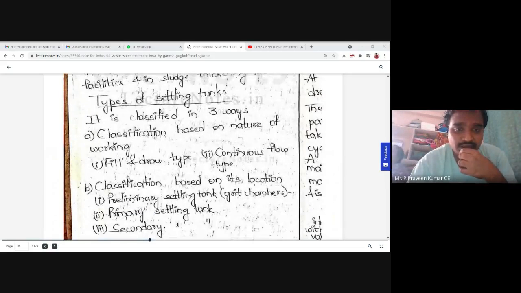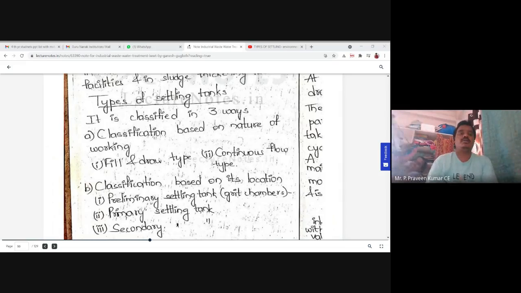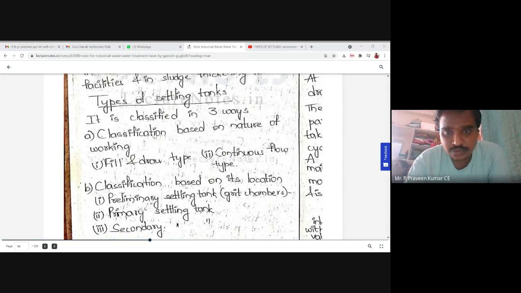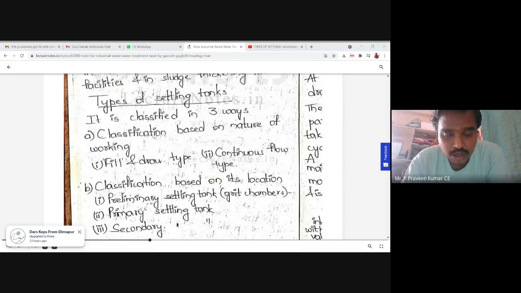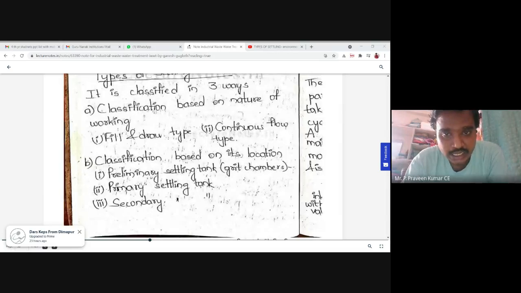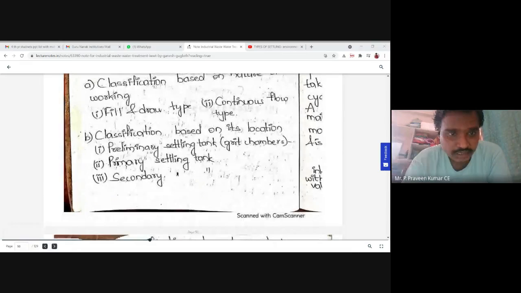Nature of working is nothing but how the water flows in the different types of tanks. The first one is fill and draw type, and the second one is continuous flow type. Based on this flow of water, different velocities are considered, and that determines how the particles settle in this sedimentation process.